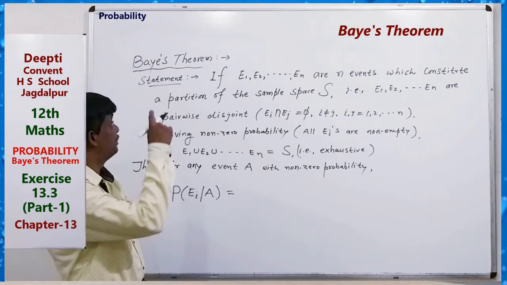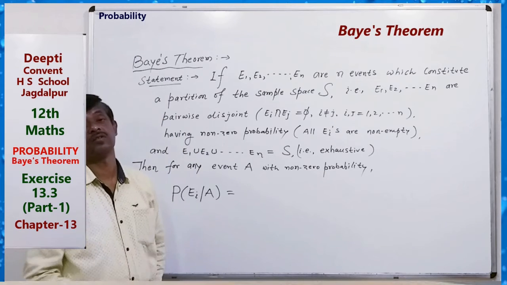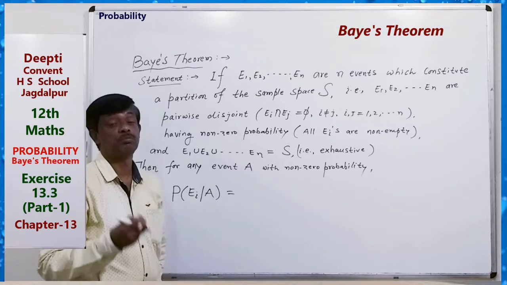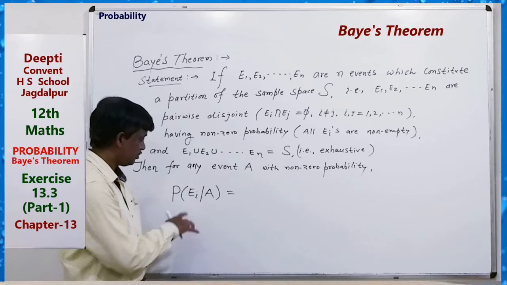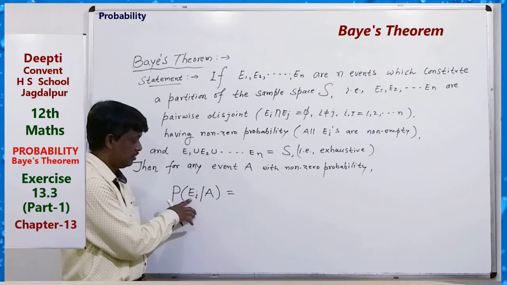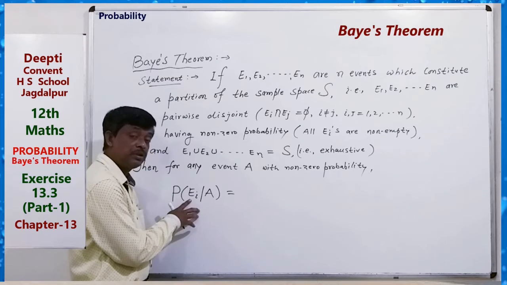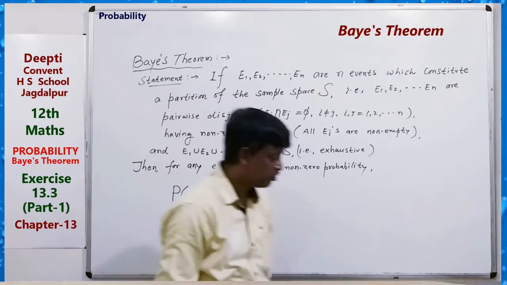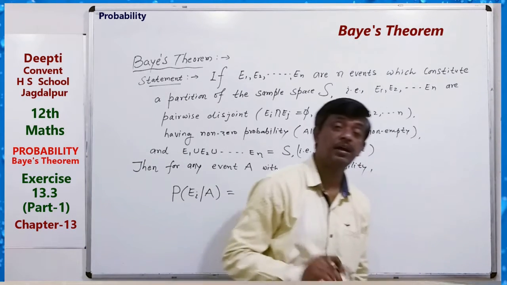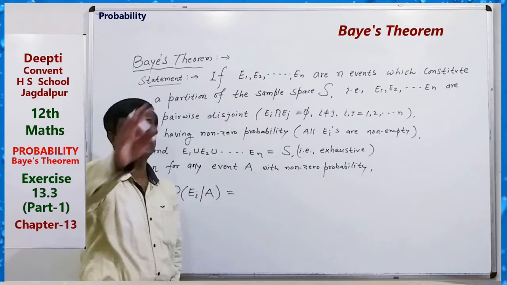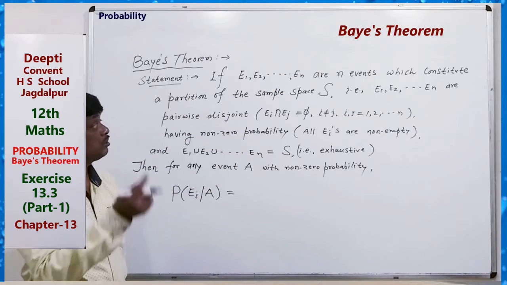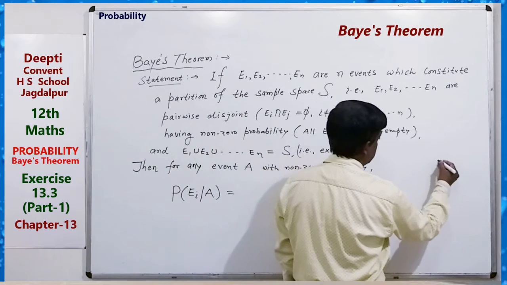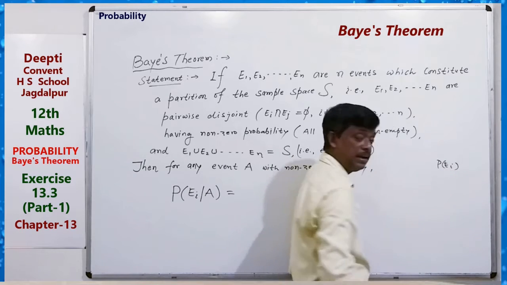In the case of Bayes theorem, the Ei's are known as hypotheses. The probability P(Ei) is called the priori probability. The Ei's are hypotheses.